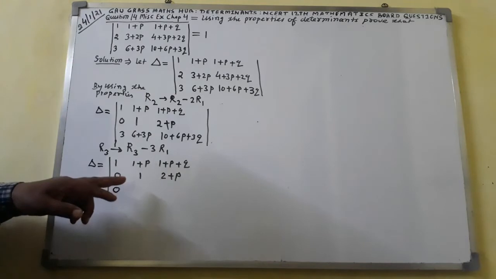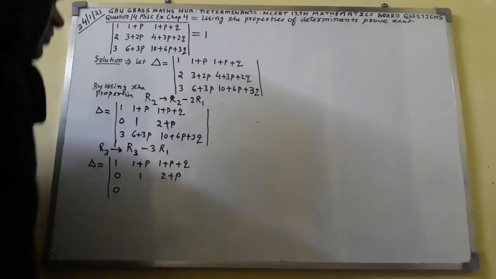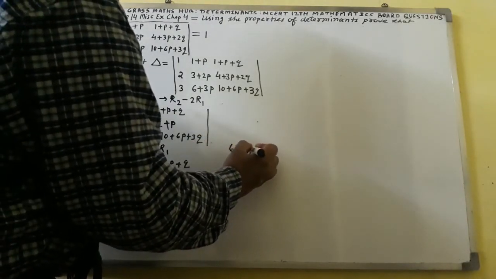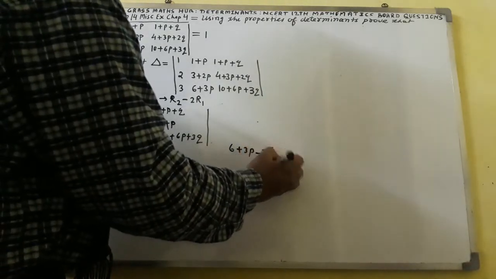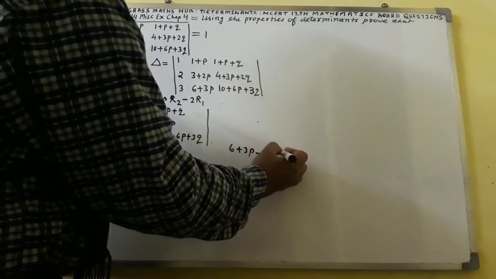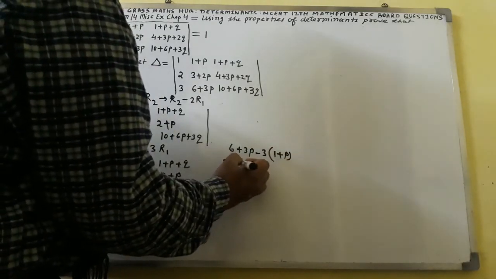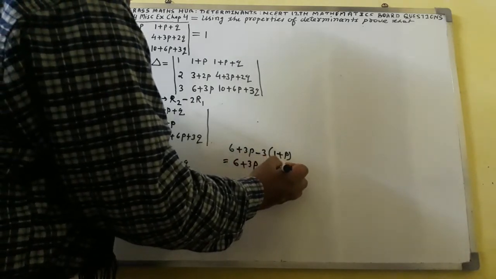And if I take the element of R3 as 6 plus 3p, 6 plus 3p minus 3 times R1, 1 plus p, this thing I shall do the operation. 6 plus 3p minus 3 minus 3p.